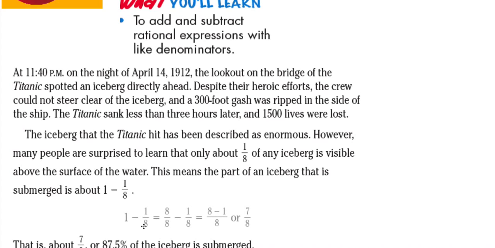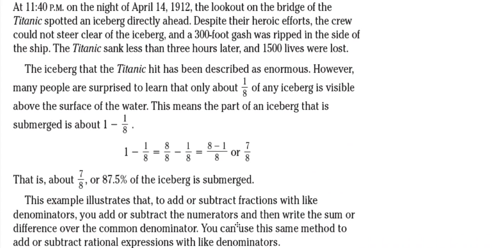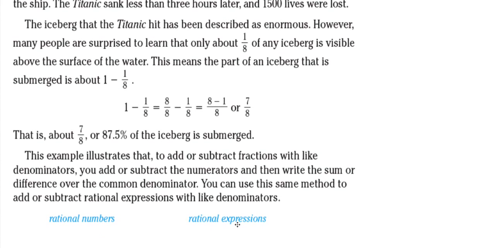Okay? And 1 minus 1/8 is equal to 8 over 8 minus 1 over 8, which is 8 minus 1 all over 8, or 7 over 8. So this is a basic subtraction of fractions with like denominators. So about 7/8, or 87.5%, of the iceberg is submerged.